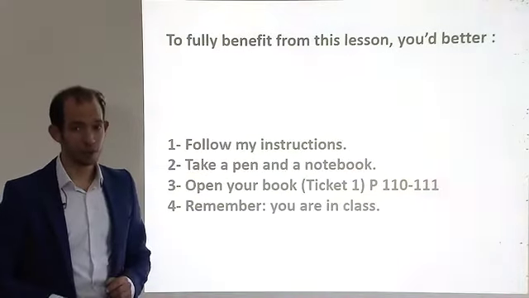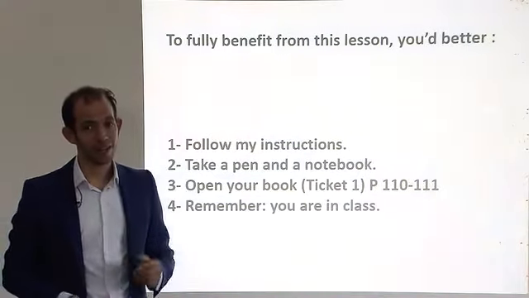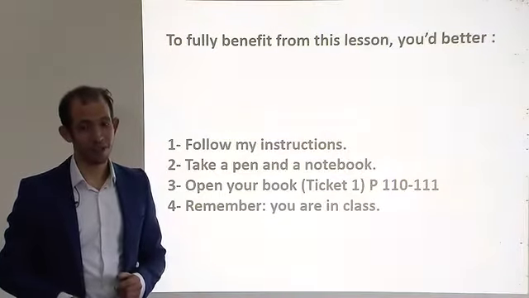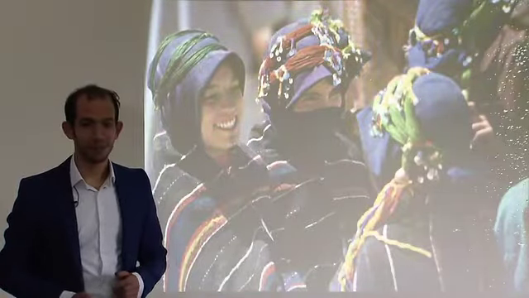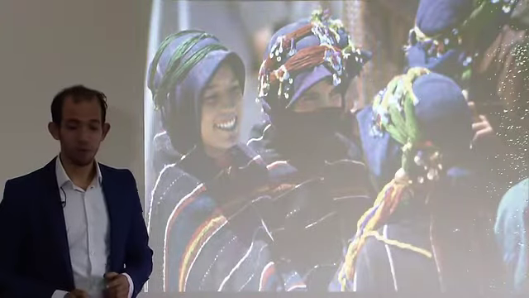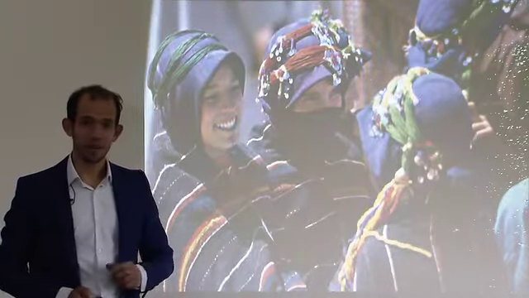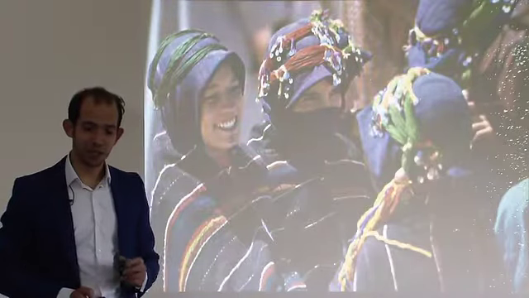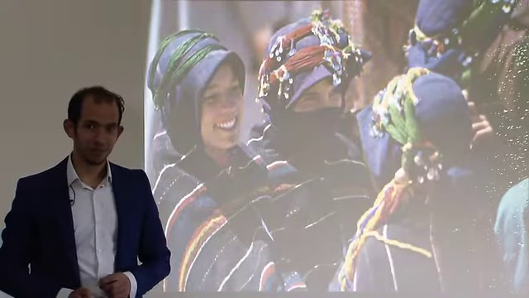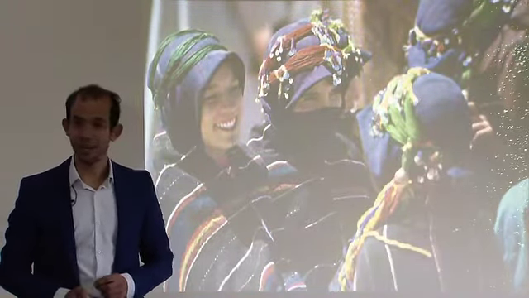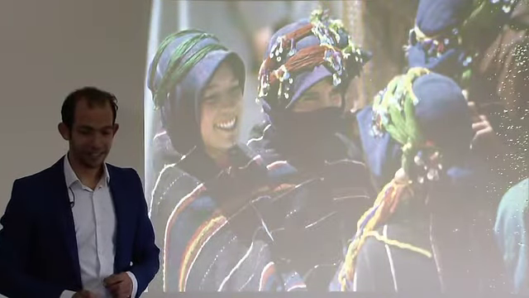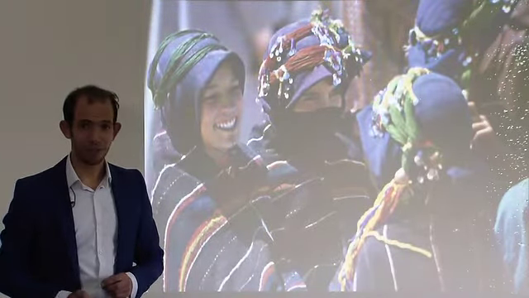I'll show you a photo and then try to think about what it represents. So what do you see here? A group of women wearing some kind of Amazigh traditional outfit. Do you have any idea about that? It's Amazigh, of course.